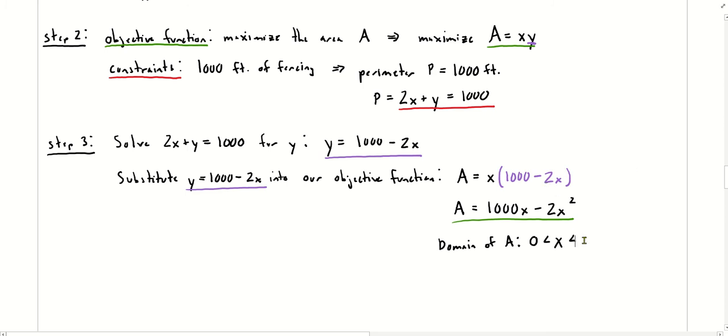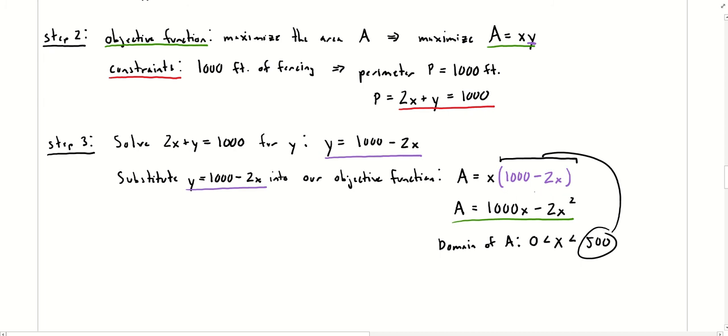And again, if I think about what I'm allowed to plug in here for X to get a physically possible area, I also can't have an X greater than or equal to 500. This one might be a little less obvious, this 500, but if you consider this piece here of my area function, if X is 500, then my area is 0.